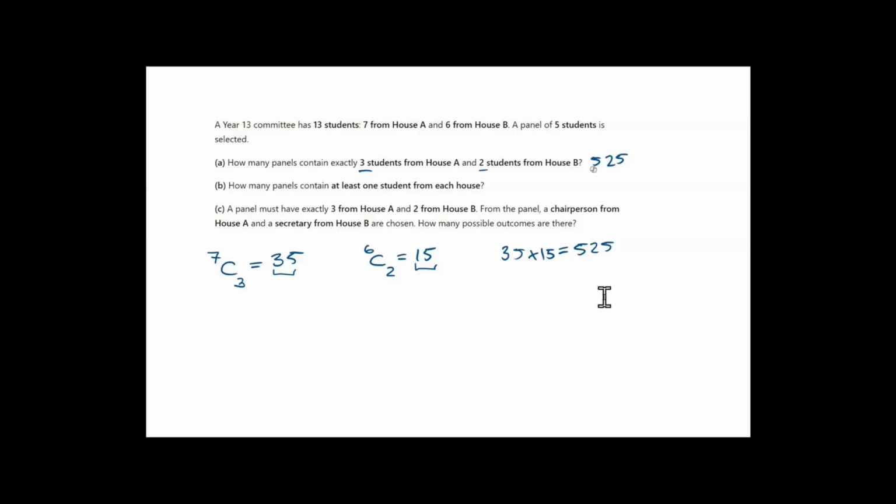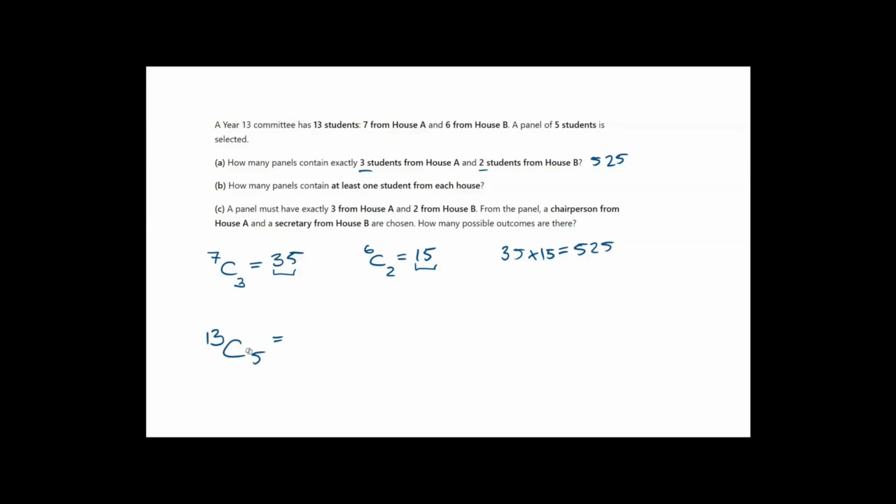How many panels contain at least 1 student from each house? How are we going to work that one out? Let's work out how many in total there can be. So in total, there are 13 students, and we want to choose 5 of them.